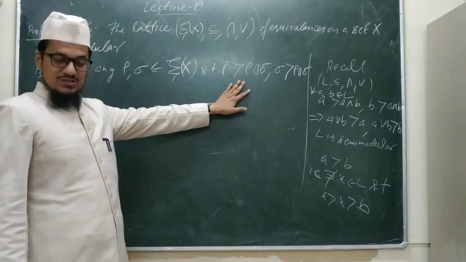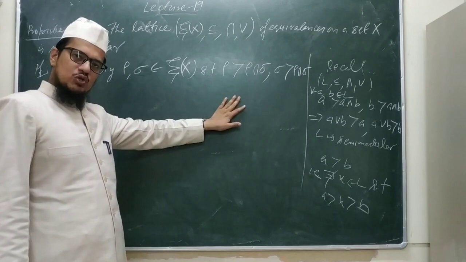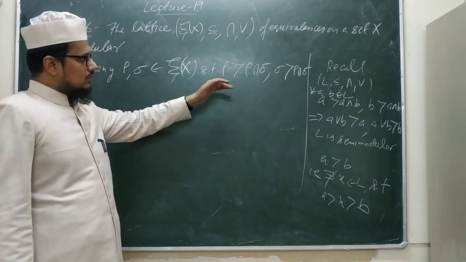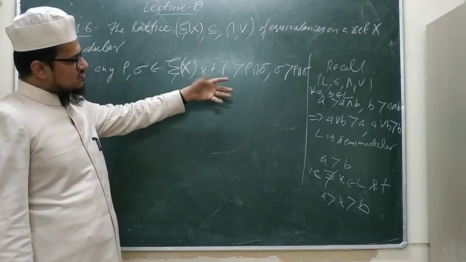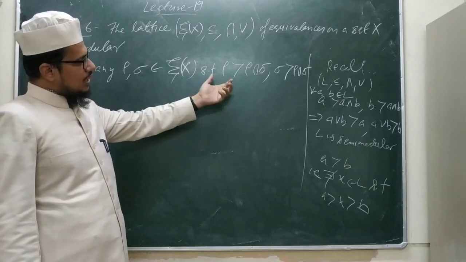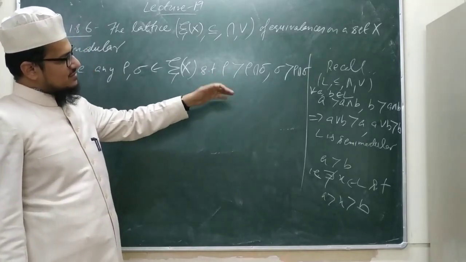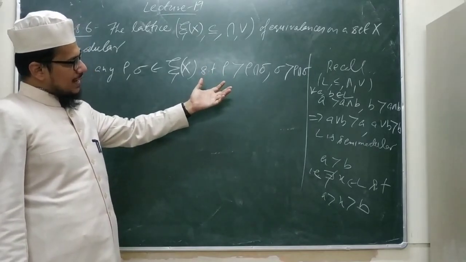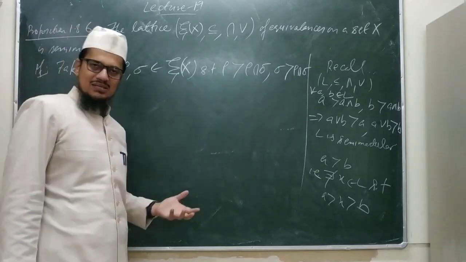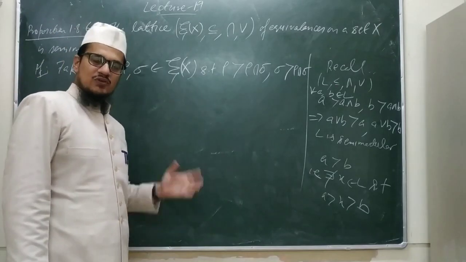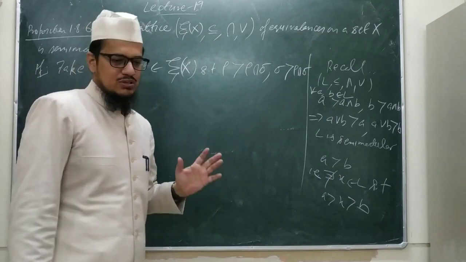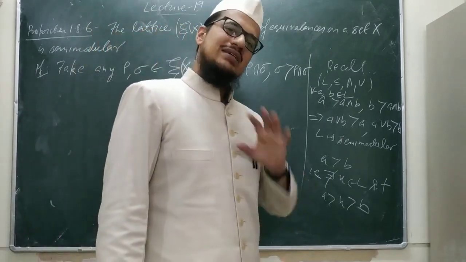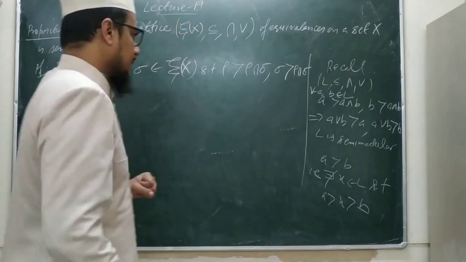This is our claim. But basically these are equivalences. Instead of showing that rho join sigma covers rho as well as sigma, we show it for equivalence classes, because equivalence classes are as good as equivalence relations, isn't it?